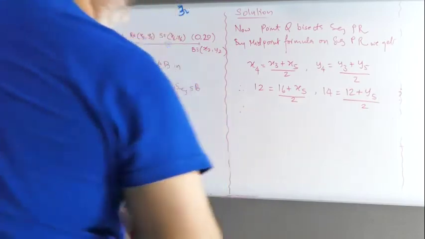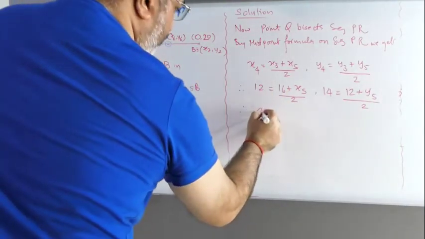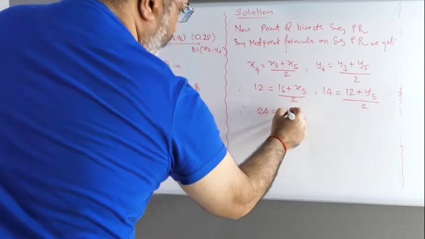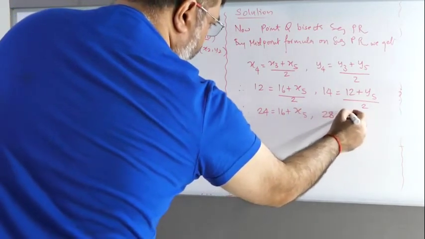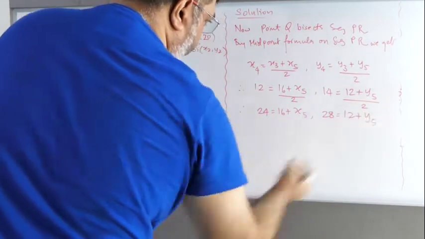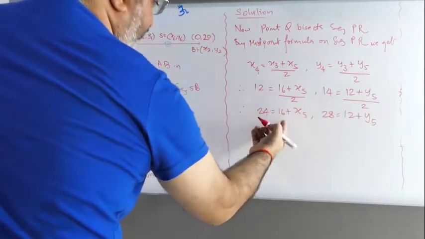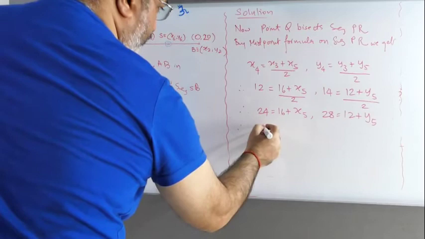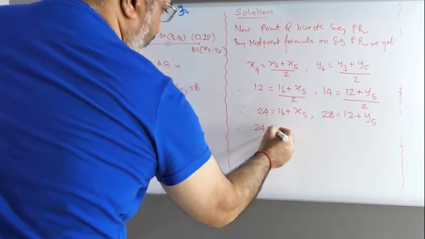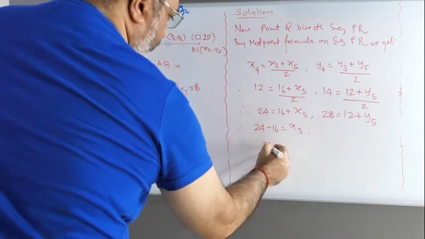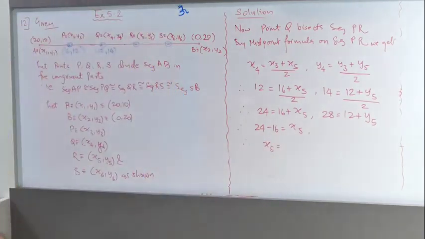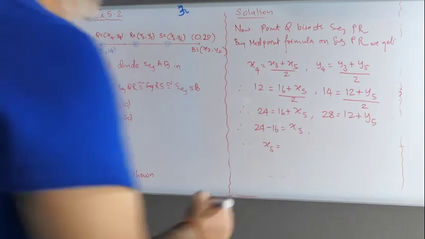Therefore, now take the 2 here. So you have 24 is equal to 16 plus x5, and here you have 28 is equal to 12 plus y5. What is x5? 24 minus 16 will give you x5. What is 24 minus 16? You got 8.